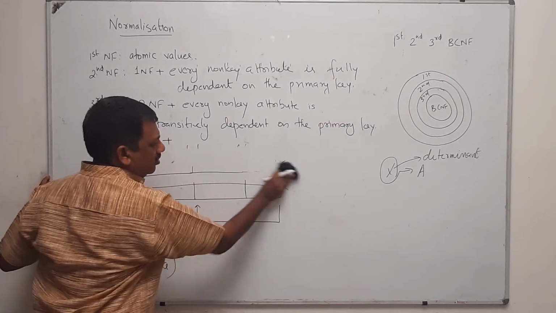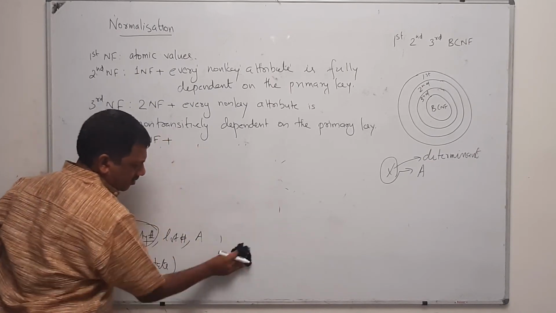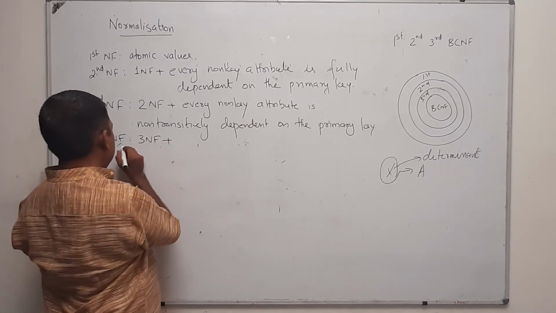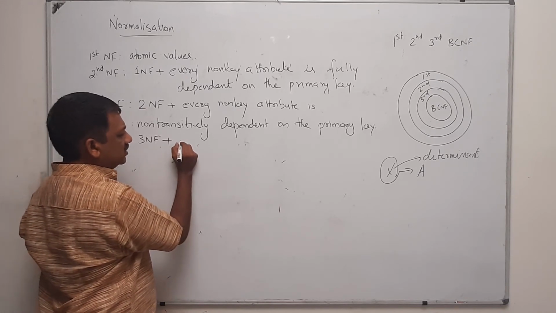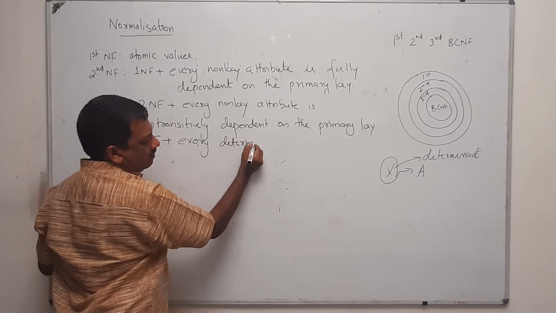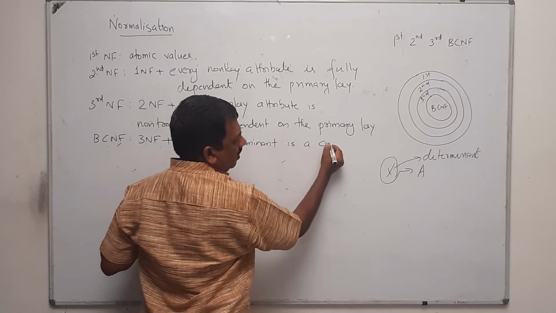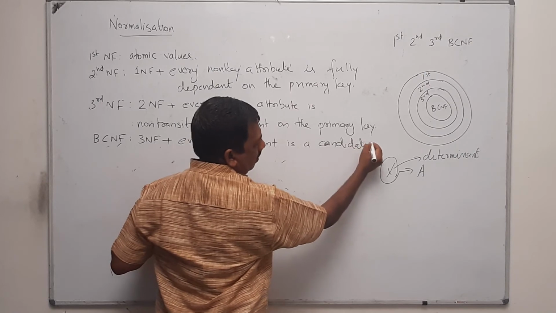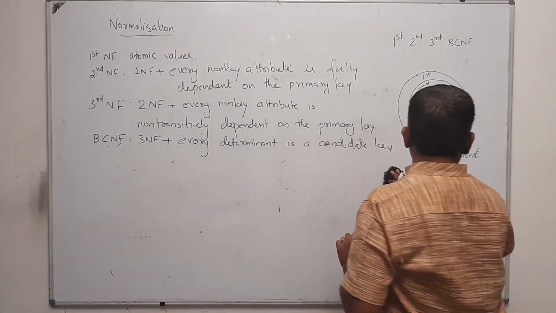So it should be in third normal form plus every determinant is a candidate key.